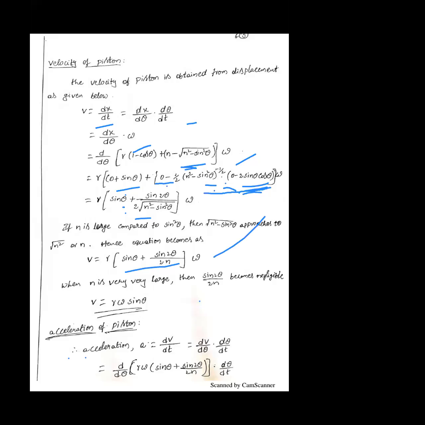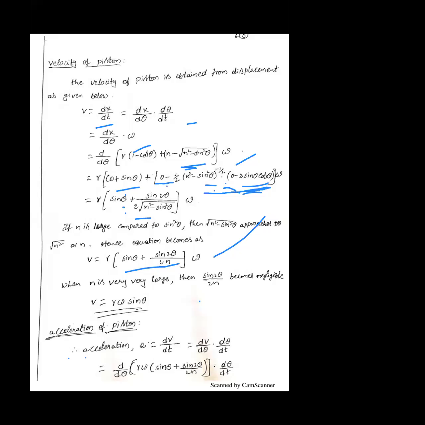Another condition: if n is very, very large, then sin 2 theta by 2n also becomes negligible. Because when n is very large, it is in the denominator, so the value becomes very small and is neglected.